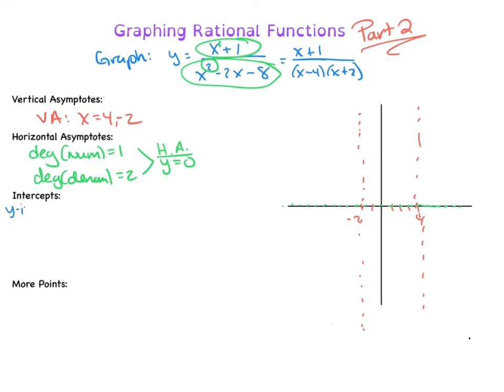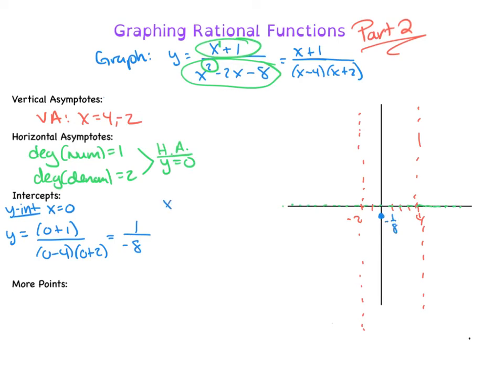So y-intercept, we're going to set x equal to 0. When we do that, I think I'm going to use the factored version. y equals (0 plus 1) over (0 minus 4)(0 plus 2), which gives us 1 over negative 8. So at x equals 0, y is negative 1/8.